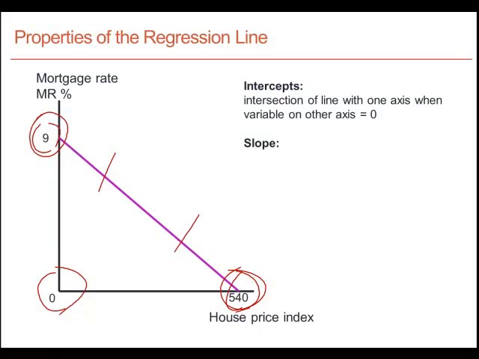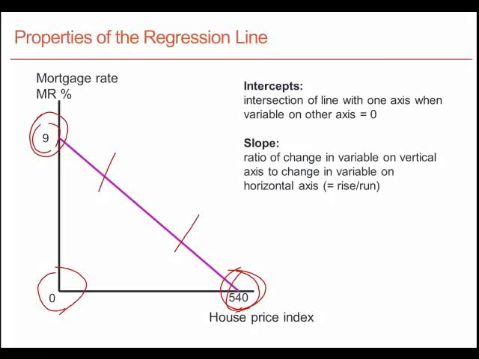Now that we have defined the intercepts, the values of the variables where the line meets the axes, we're also in a position to define what the slope of the line is. The slope of the line, as we know, is the vertical distance divided by the horizontal distance, also known as the rise over the run. In this example, the slope of the regression line is 1 over 60.